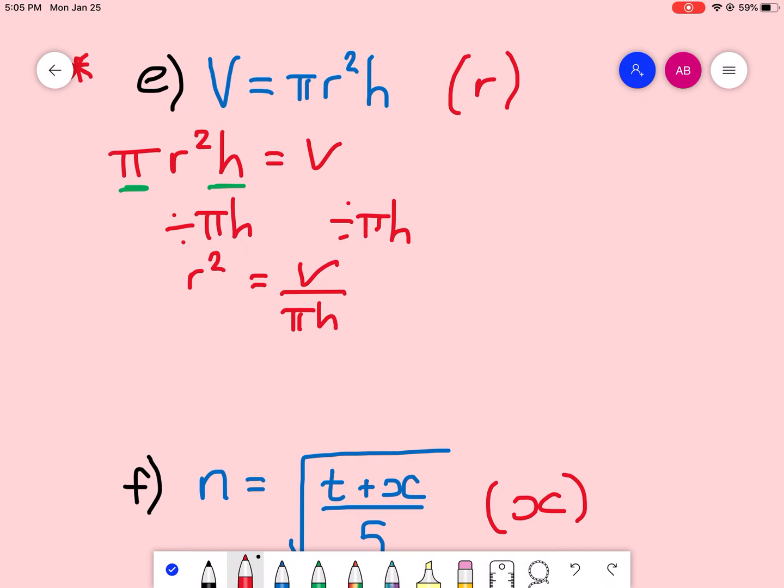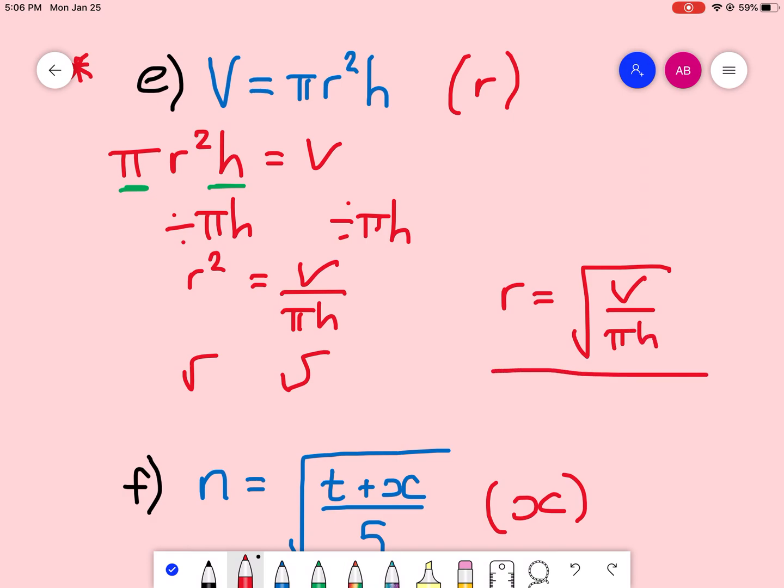My r squared term is now isolated, so I can square root both sides, and I will be left with r equals the square root of v over pi h. Again, it's very important to make sure the square root covers your whole term on the right hand side.